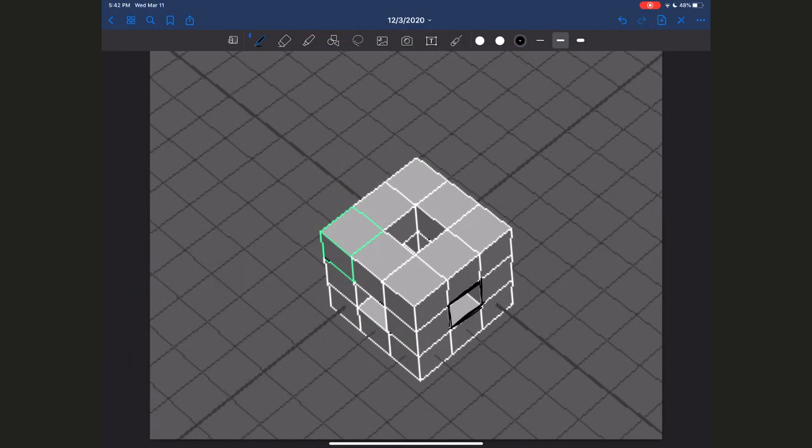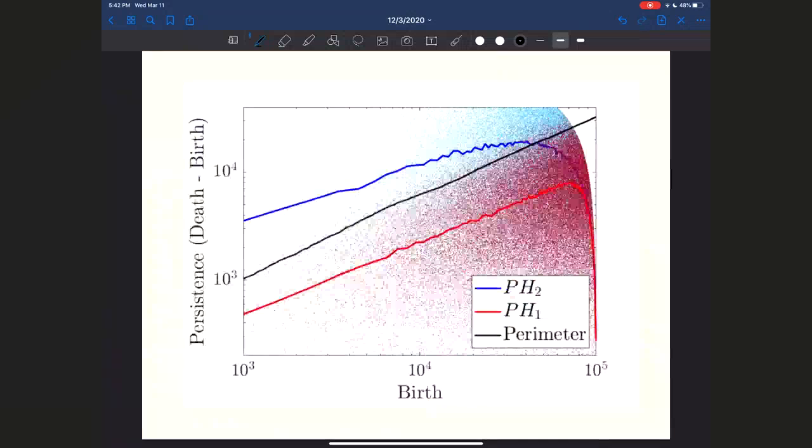Okay, so now let's look at the persistence of these holes. So now we're looking here at a plot where the x-axis is the birth of a hole, and in the y-axis we take the death time and subtract the birth time. And the black line is the perimeter.